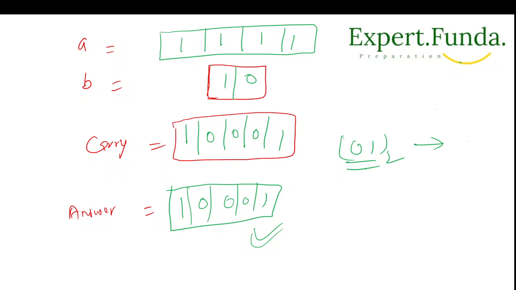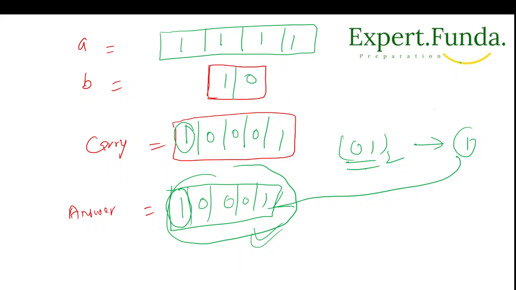So we have to append 1 into the answer, and that's why finally we got a new bit here, because carry we are getting is 1. This is our answer, and we have to return this one.